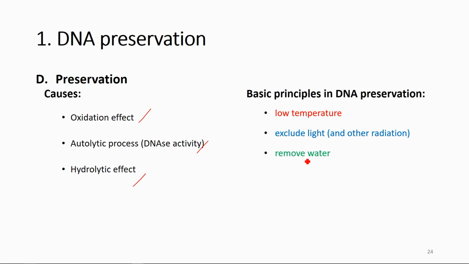You also can remove the water, then you can reduce the hydrolytic effect. For oxidation, you also can remove the oxygen. At the same time, you can sterilize your sample or its surface, reducing microbes, so you reduce the enzyme activity.